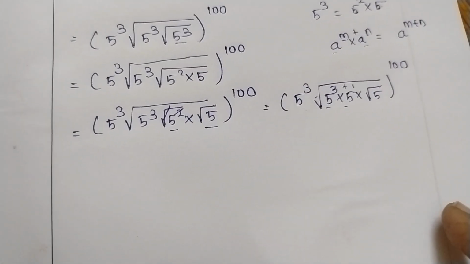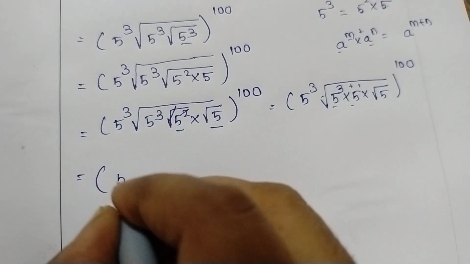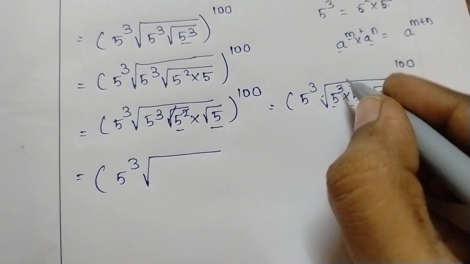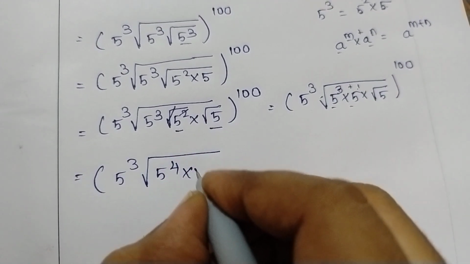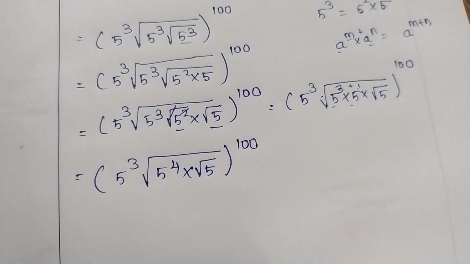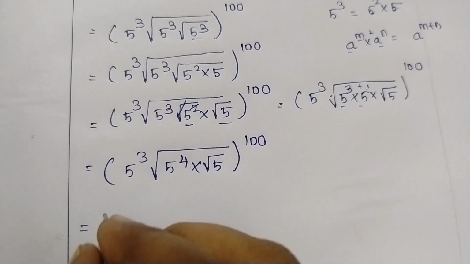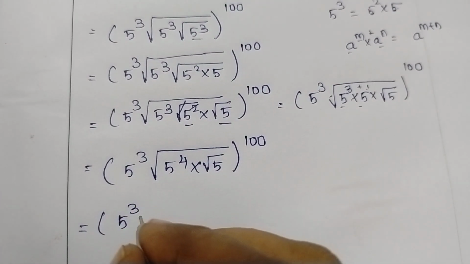So next step, I am going to add these two powers. Therefore 5 cube the root of 3 plus 1 is 4, 5 power 4 into root 5, the whole power 100.